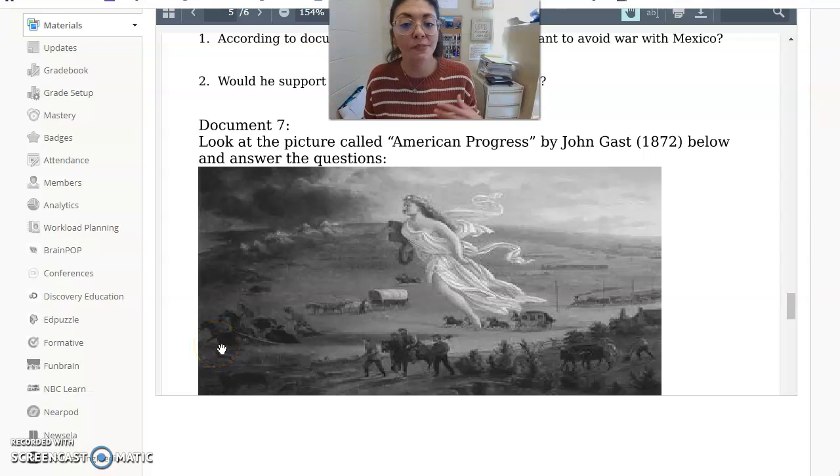You might take on that position. Or if you're coming from a position that Manifest Destiny was essentially positive, then you could use this as support that claiming those Western lands and annexing them, adding them to the U.S., indeed brought progress and technology to undeveloped or underdeveloped Western places.